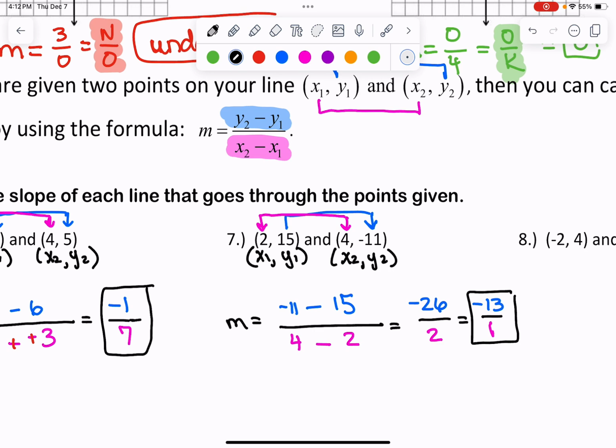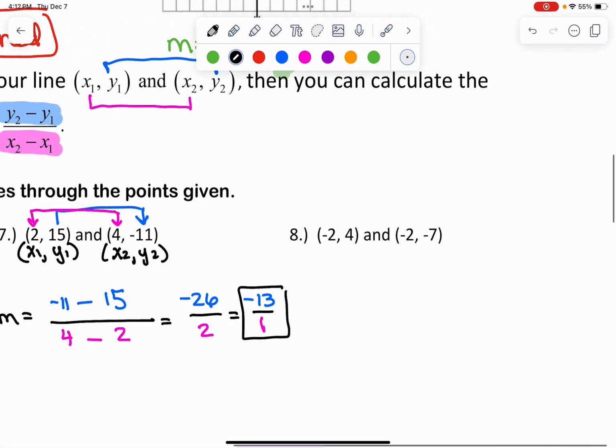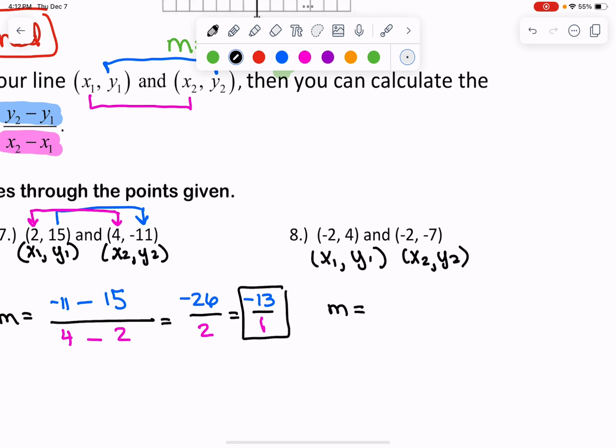Let's try one more to make sure we've got these down. Number 8. So again, I'm going to go ahead and put in my x sub 1, y sub 1, and my x sub 2, y sub 2. My slope, M, is equal to, we start off in the top with the difference of our y's.